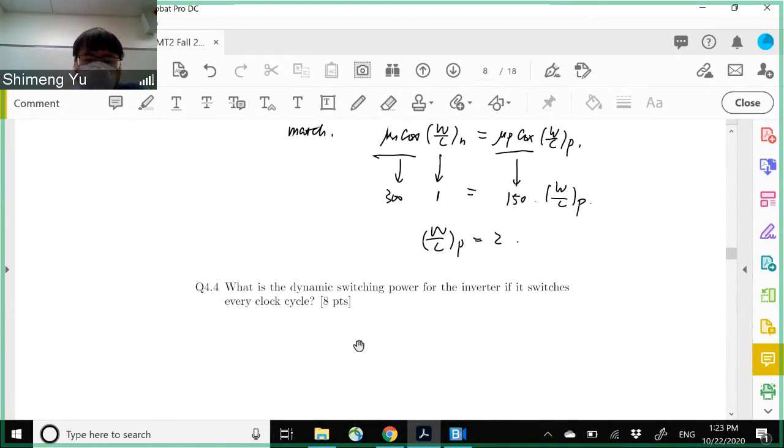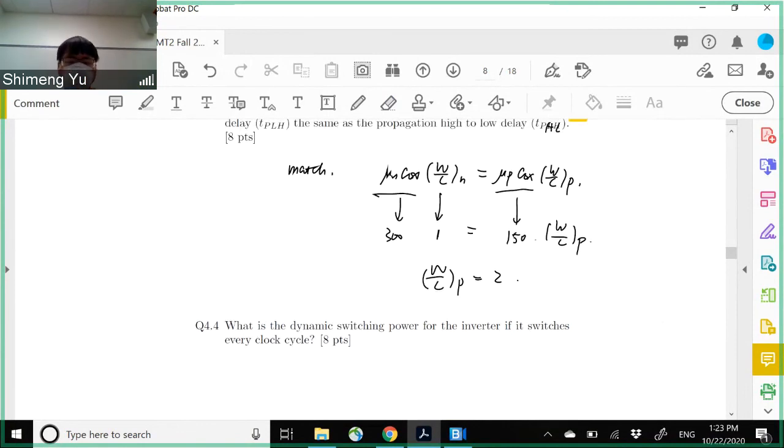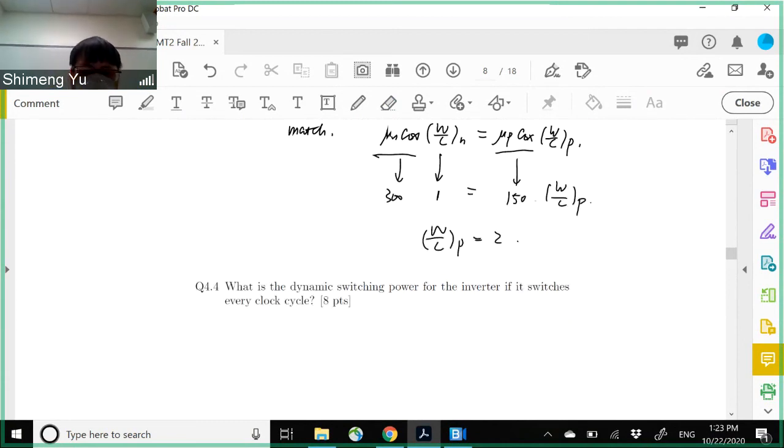And then 4.4, the last one. What is the dynamic switching power for the inverter if it switches every clock cycle? So it's asked for the dynamic power. So for dynamic power, you first use the correct equation.